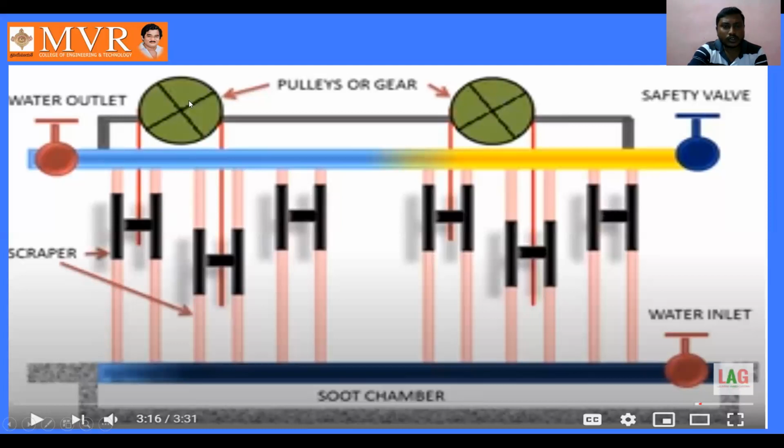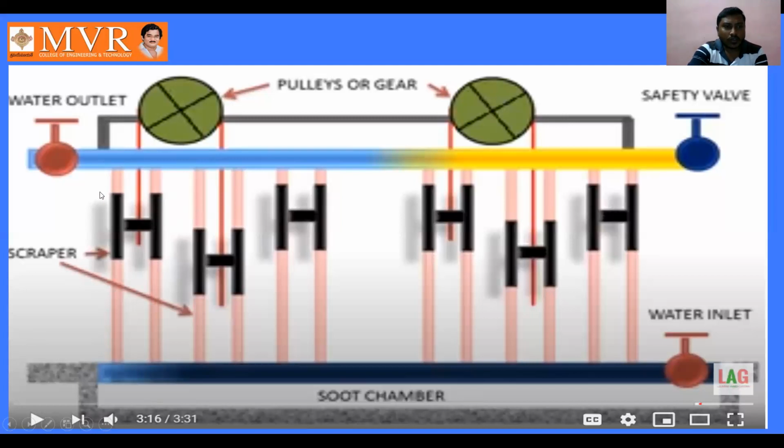When the pulleys or gears rotate, the scrapers move up and down inside the tubes, and they remove the dust particles, the scale formation and the mud inside these tubes.